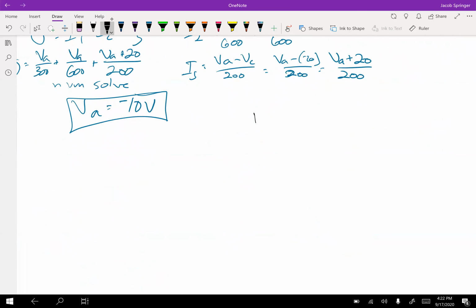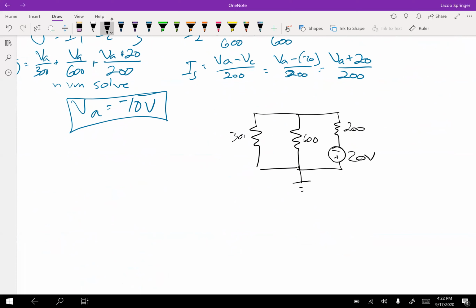Another way to do it, and I'll pull it down here and do it one more time, is if I had these right here and my battery in this direction. Here's my ground, 20 volts, 600 and 300. And if I wanted to do a source transformation, I have a voltage source in series with my resistor.